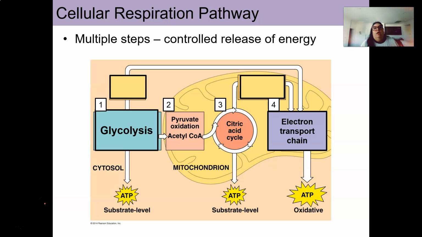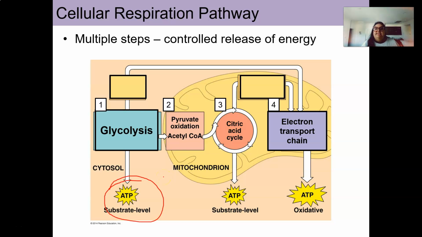So 4 main steps, and what we really need to know is that we need to eat and we need to breathe to create energy and water. And we also need our mitochondria to help us out in our cells.